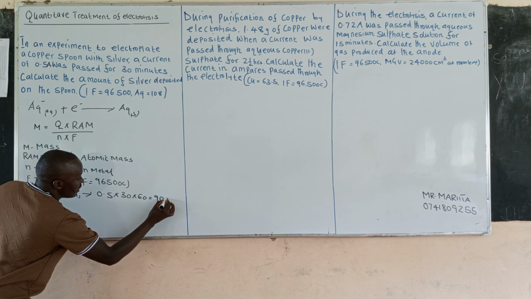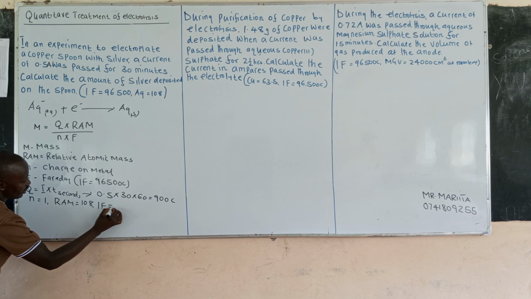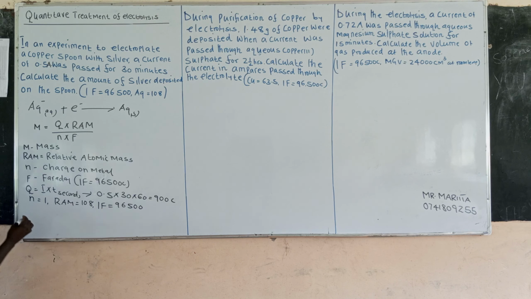We have n equal to 1, and the relative atomic mass of silver is given as 108. And 1 Faraday constant is equivalent to 96,500.